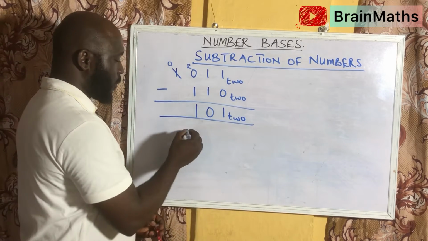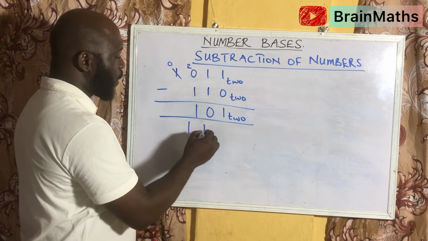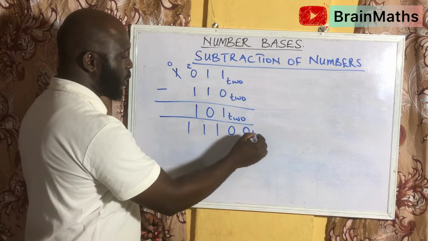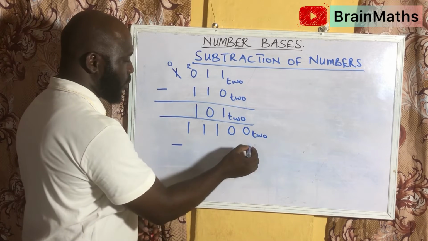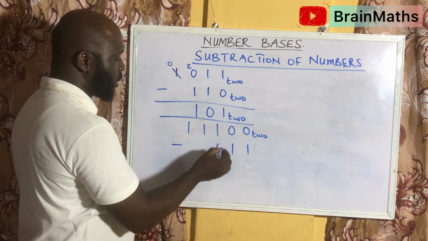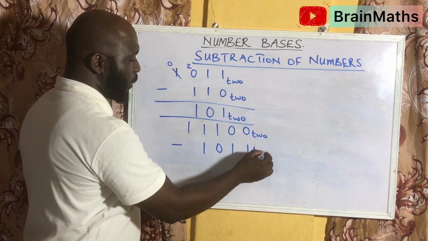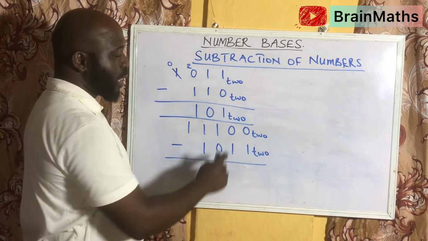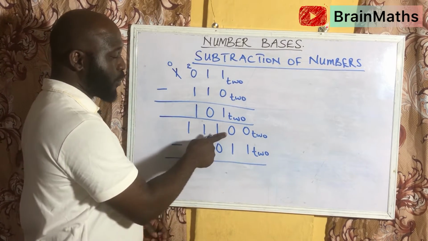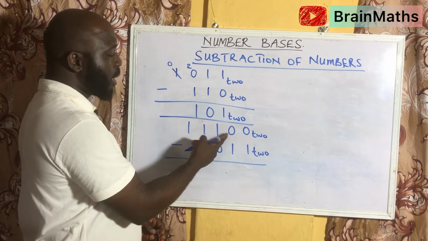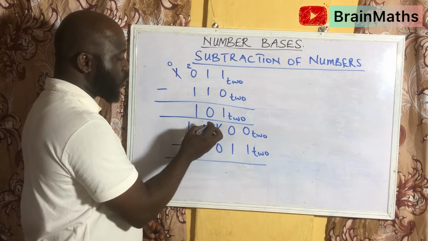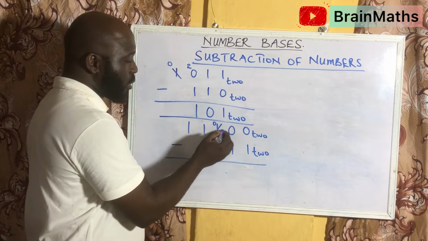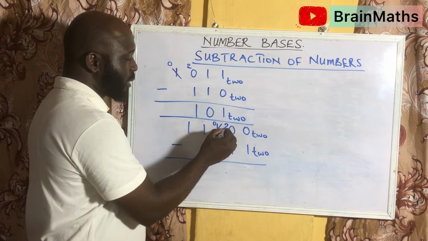Let's take another one. For instance, if you are given 1, 1, 1, 0, 0 in base 2 minus 1, 1, 0, 1 also in base 2. Let's look at this. 0 minus 1 is impossible. So we can't take anything from this because it's 0. Then we come to this one, take 1 from there, it remains 0. The one taken from here, we put it on this first 0. That gives 2.